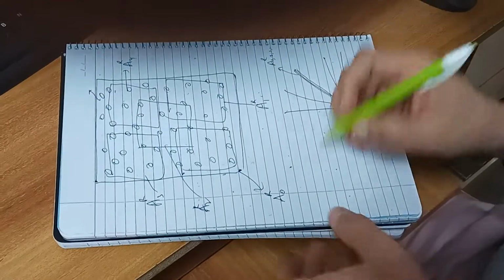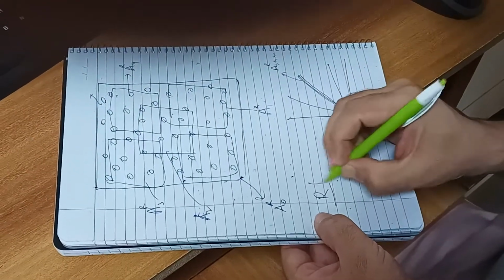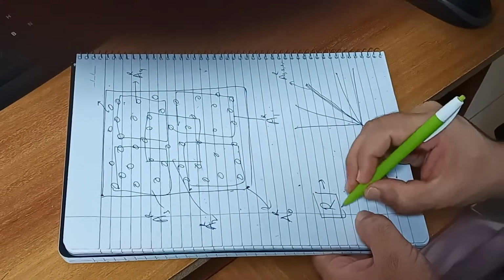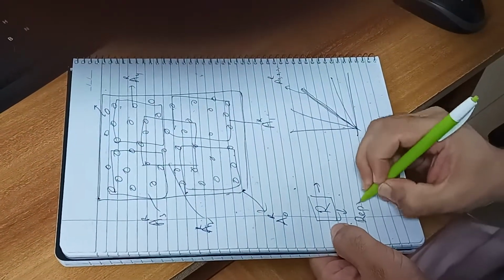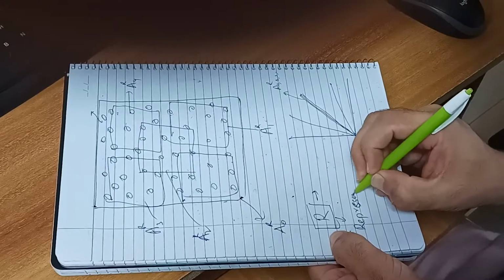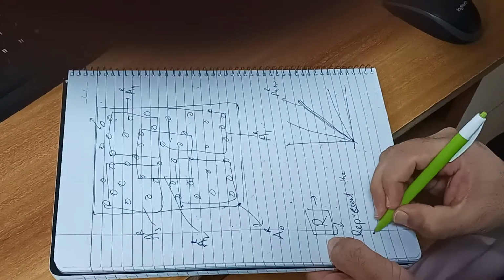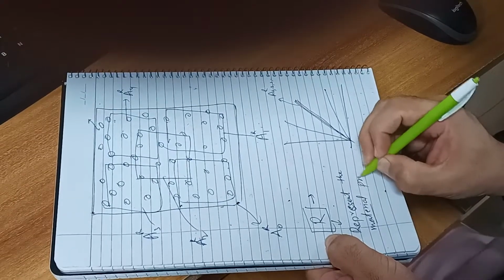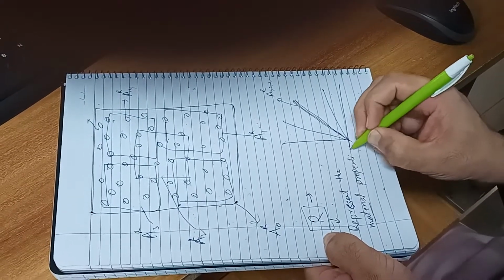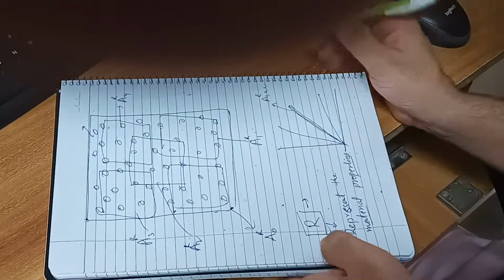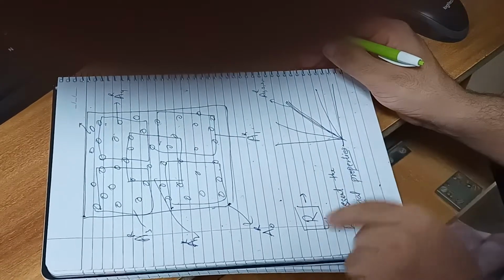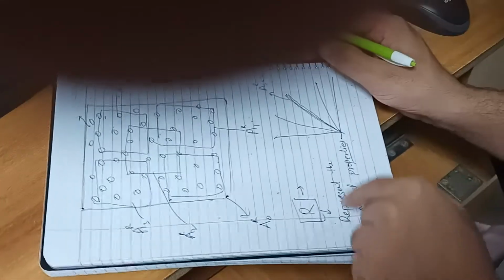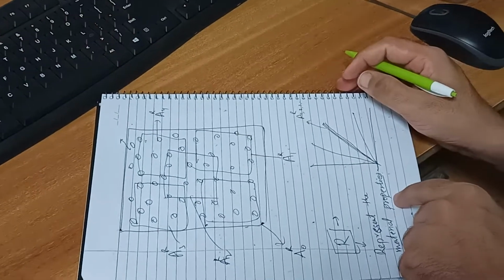So that means that this size R represents the material property. It's very important that this size represents the material properties.